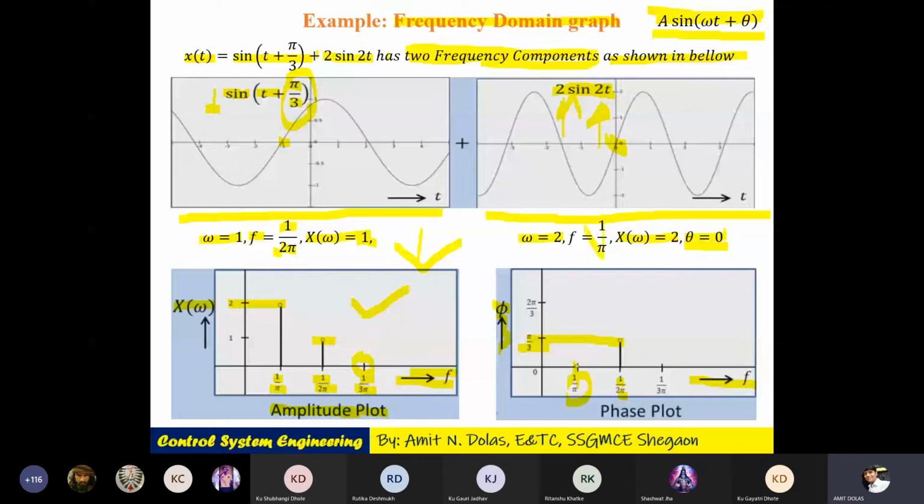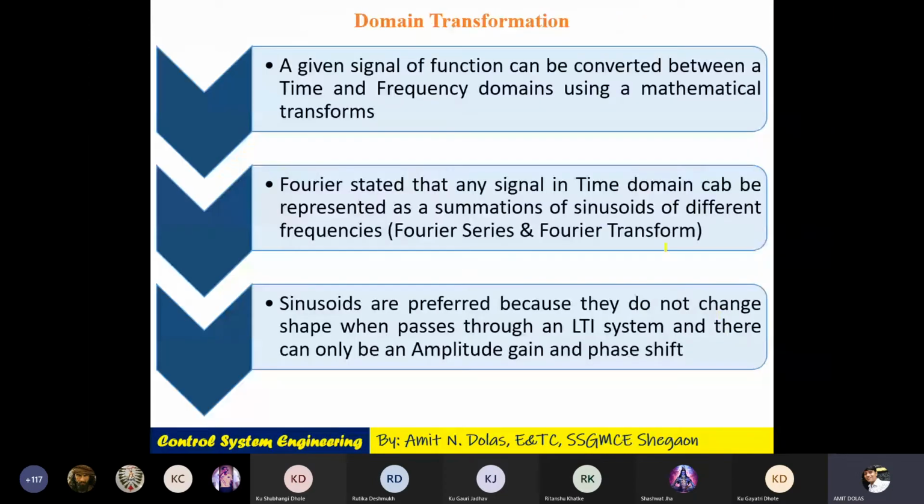At 1 by 3 pi there is also no phase shift. So only one phase shift between these two, that is pi by 3, which is shown in the graph. In this way, the frequency domain form is represented.